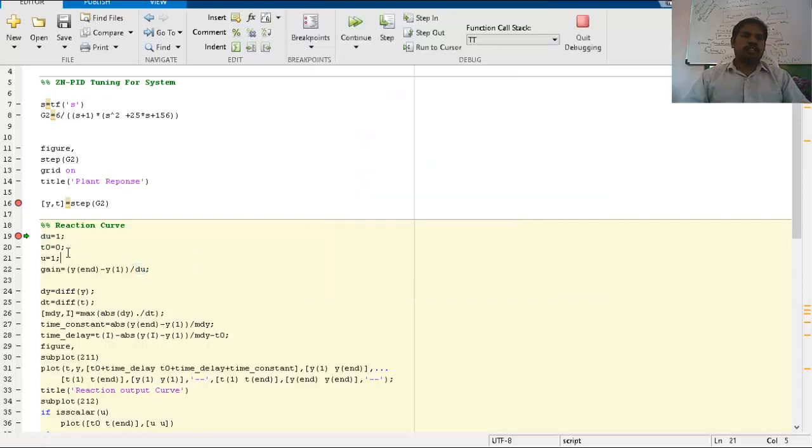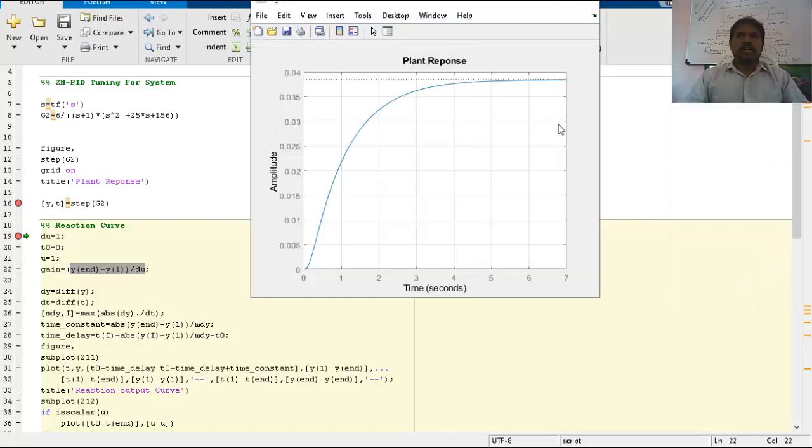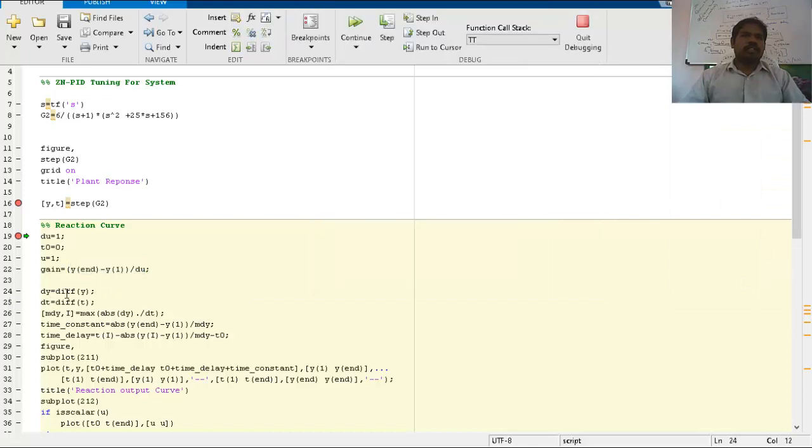In that estimate we choose the main parameters. One is our starting time, which is 0, and our final maximum value is 1. The gain is easy to calculate: y minus y of 1 divided by d, that is the deviation, around 0.04. Then we calculate the difference of y and the difference of t, applying the differential term, meaning y of t plus 1 minus y of t.